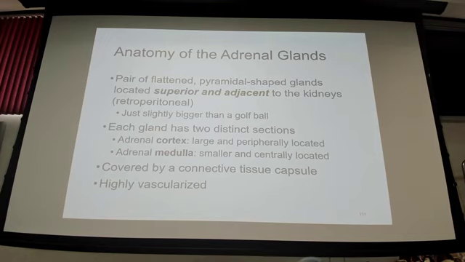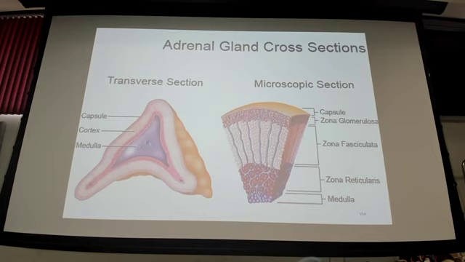So we'll start with the cortex. These are the sections that we're going to discuss. Each one, I'll give you some hints while you're looking at them here. So the zona glomerulosa mostly makes mineralocorticoids, the main one of which is aldosterone. Aldosterone has an effect on the kidneys. So if you want to remember, zona glomerulosa has an effect on the glomerulus.